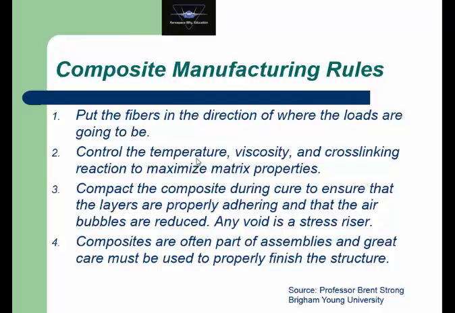When we add our resin to the fibers, our resin is in a liquid state. Since we've already added the catalyst, or the second part, to the resin, it is in the process of cross-linking. As it cross-links, the viscosity rises, and eventually, as the cross-linking continues, it becomes a solid.